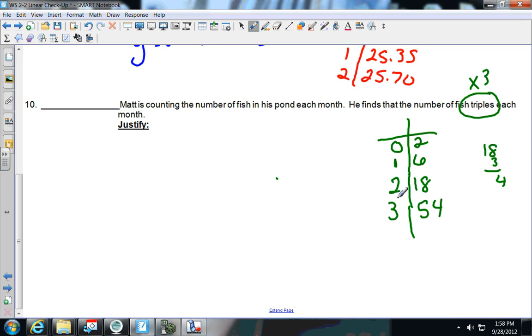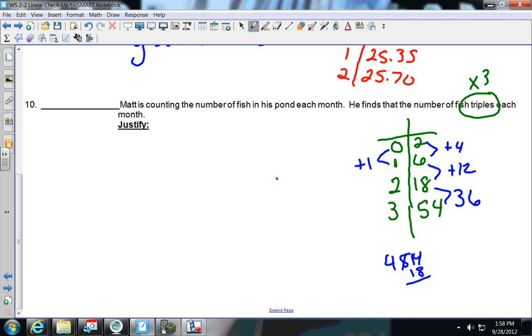To see if this is linear, now that we have a table, delta y over delta x has to be the same. This is plus 4, plus 12, and what is 54 minus 18? 36. And these are all plus 1. So I have 4 over 1, which is 4. 12 over 1, which is 12.